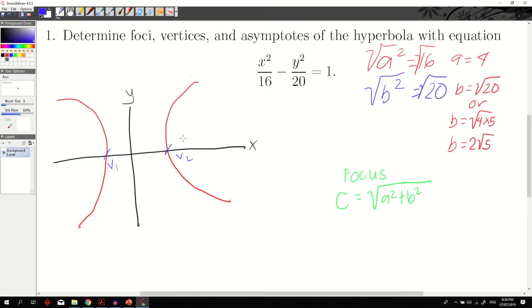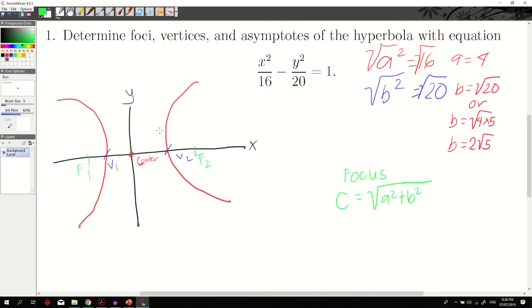What happens is the foci are at a much greater distance from the center than the vertices. This is our center, this is our focus 1 and this is our focus 2.